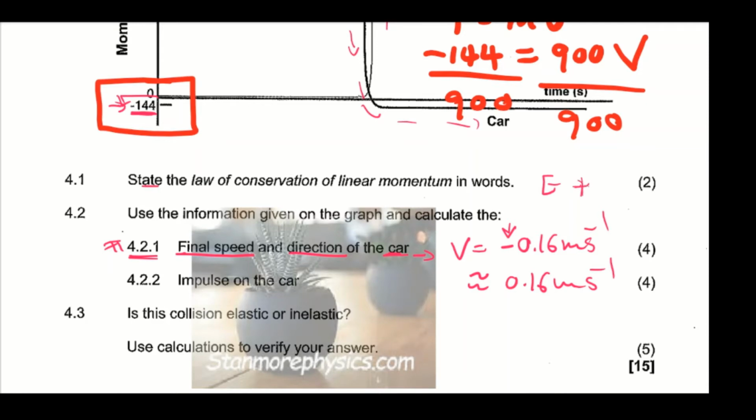So the negative means that it's no longer going east, it's going opposite of east, which is west. Hence, the final velocity is 0.16 meters per second, west. So this is the answer for 4.2.1.